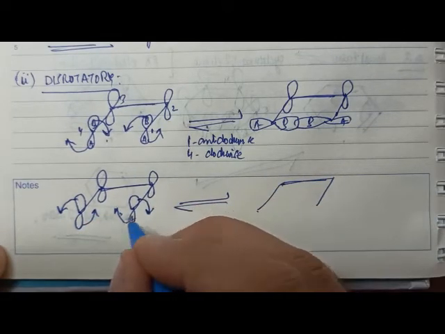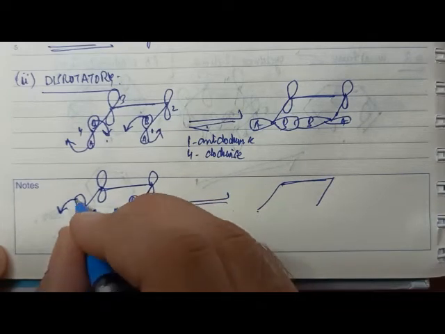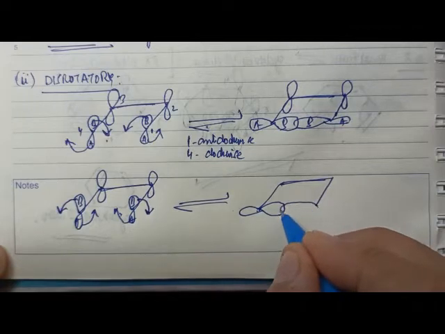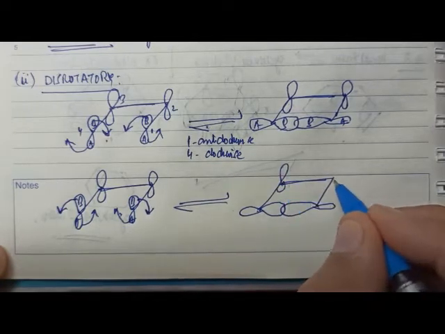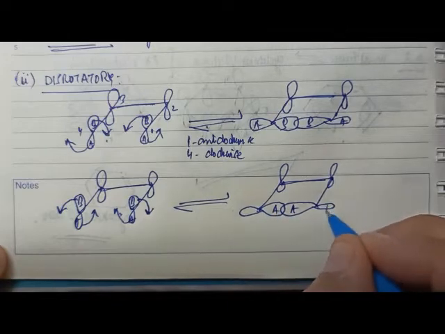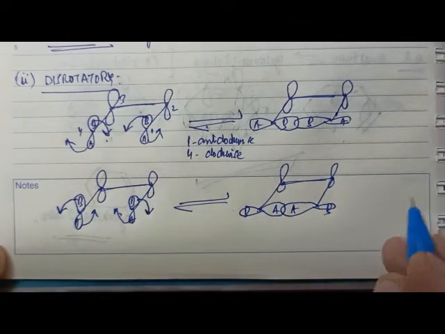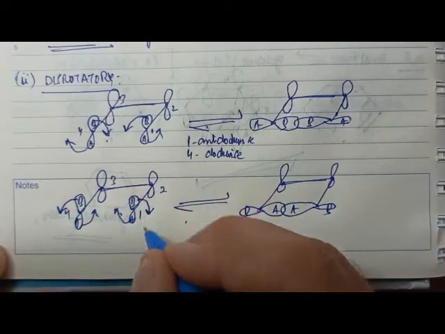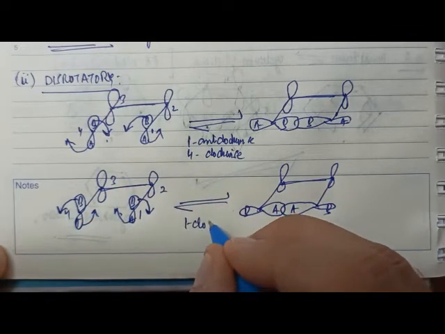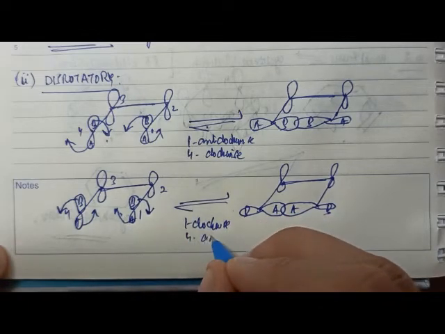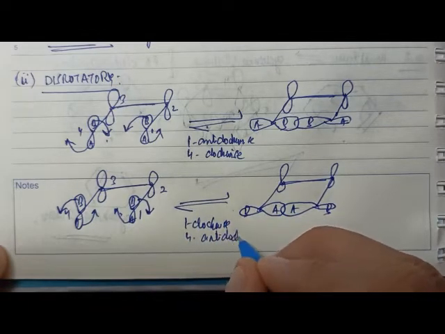Again, let me call this A, this B, this A, this B. How would these two join to form a sigma bond? Again, something like this. This is A, this one is A, this is B, this one is B. Again, the first lobe here is moving in a clockwise direction and the fourth lobe is moving in an anti-clockwise direction.